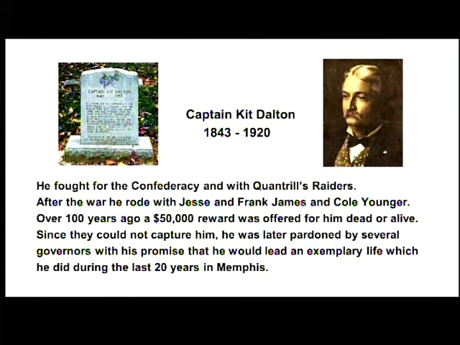Since they could not capture him, he was later pardoned by several governors with the promise that he would leave an exemplary life, which he did during the last 20 years in Memphis. And that's his gravesite. I've visited a lot of gravesites over the years, but to put that all together in context, that's quite a story.